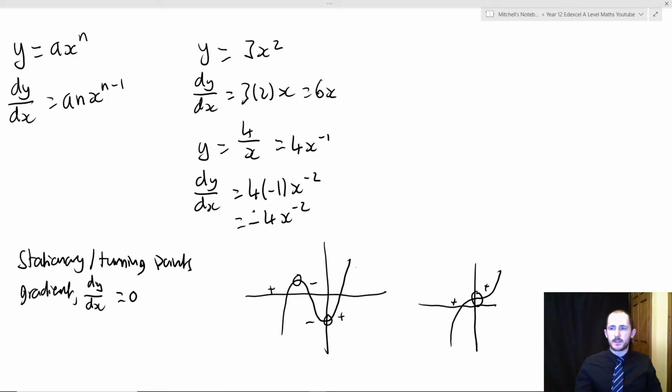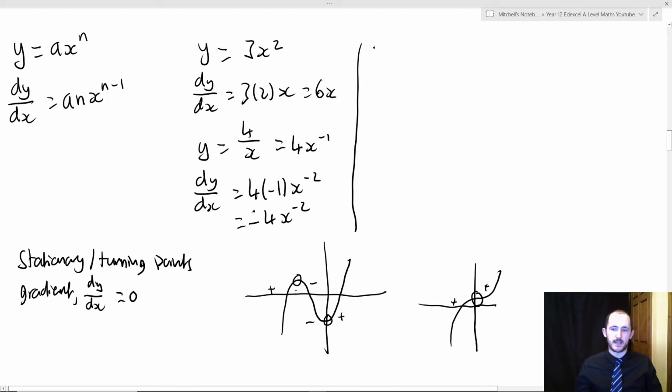Now, here's where things can get a bit interesting. If we're looking at stationary points, we can work out where the stationary points are, but we can't tell what they are, if they're positive, negative, or otherwise. So how can you tell? Well, one way is you can draw the graph and have a look, right?